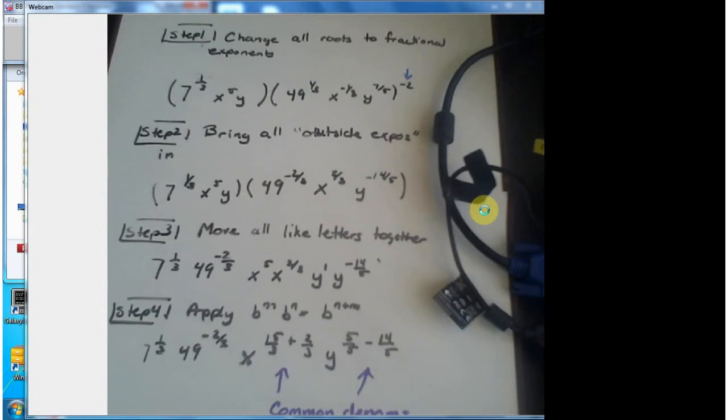So x to the fifth exponent and x to the 2/3. What if the common denominator be 15? The denominator, so let me take this to the side. So what she asked was, how did I know that it was a 15/3? So I got a 5 plus 1/3, right? Put that over 1. Those two denominators are not the same. So I multiply this and I get 15/3.